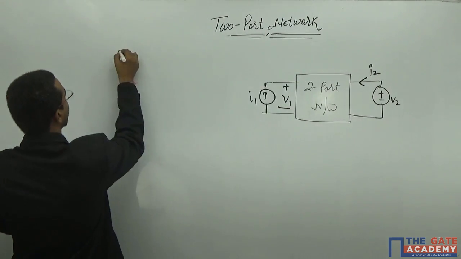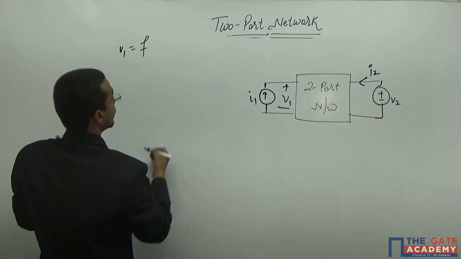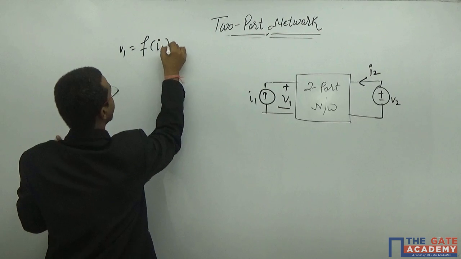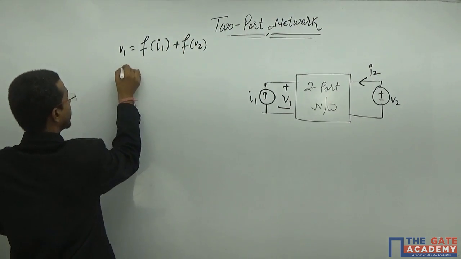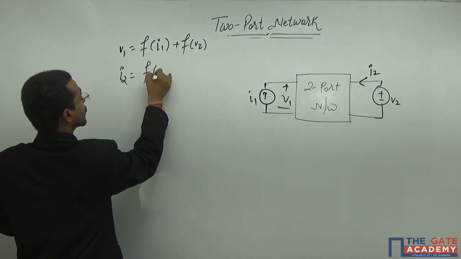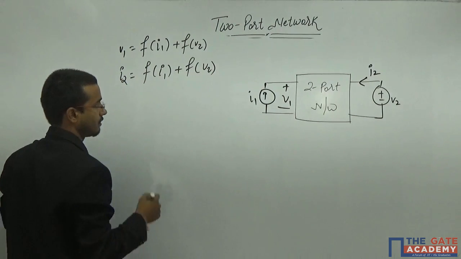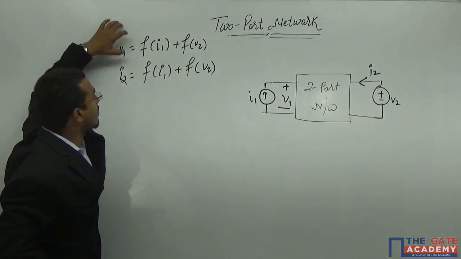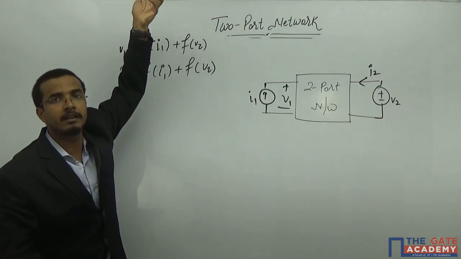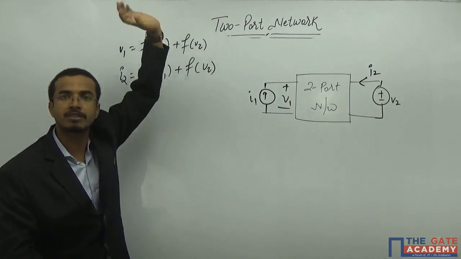Firstly I will measure V1, which is a function of I1 and a function of V2, and I will measure the current I2, which is a function of I1 plus a function of V2. That means I1 will get multiplied by some constant factor, and V2 will get multiplied by some constant factor.